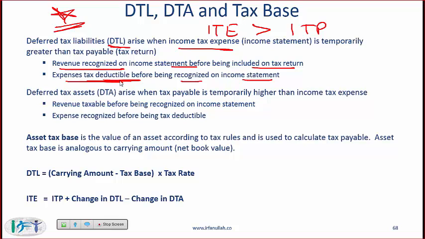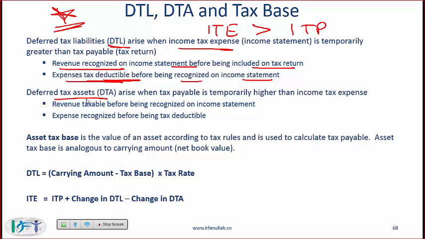So when is an expense deductible? If you have accelerated depreciation, then on the tax reporting side you will have a very high deductible expense, whereas if you are using straight line on the financial statement you will have a relatively low deductible on the financial reporting side.